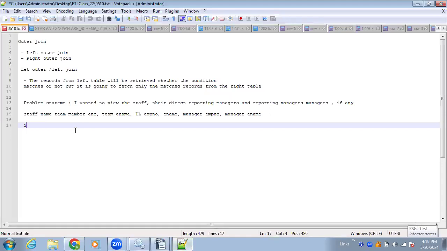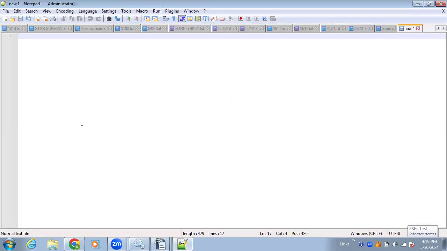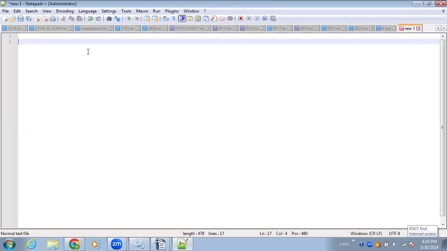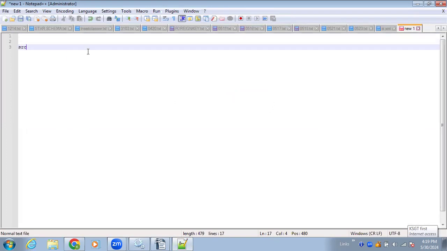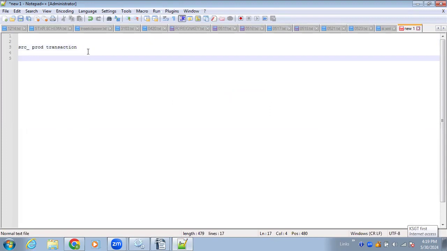Now, what is our 525, 538 nodes? There is some source table known as product transaction source table. This could be your problem statement.